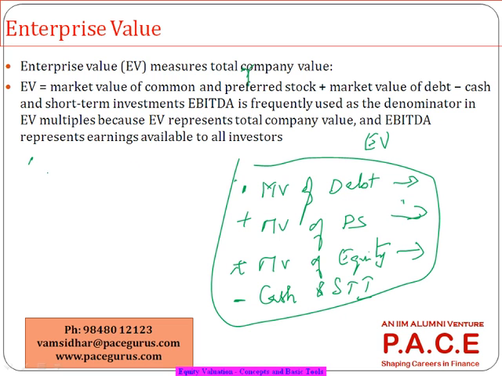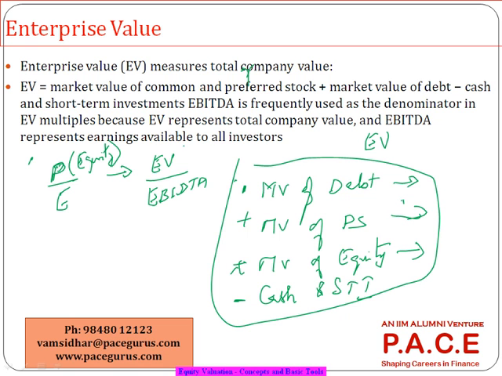So basically it's an extension of P by E. P by E, if I extend it, the extended version is called enterprise value by EBITDA, because the price is only of the equity investors, right? Share price.